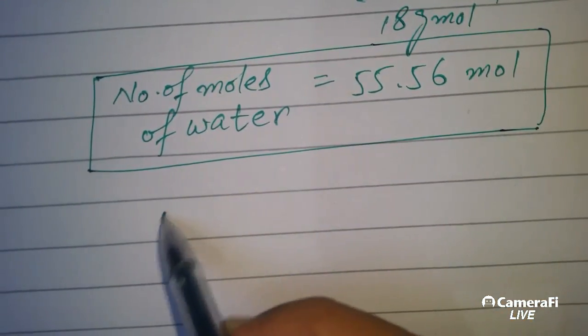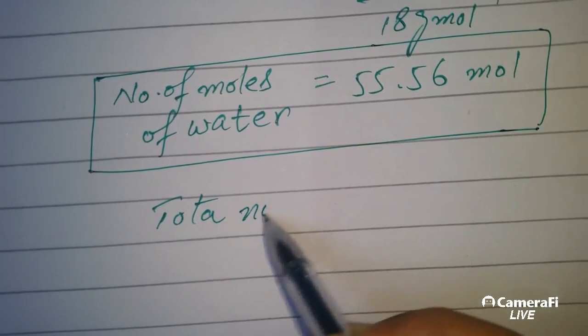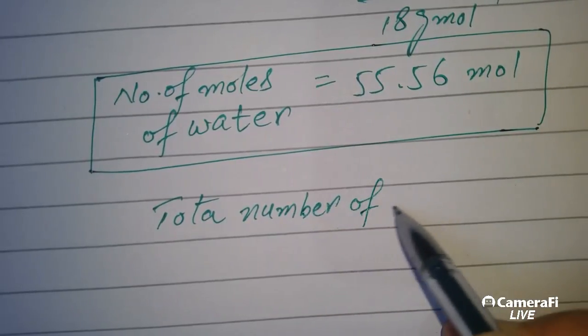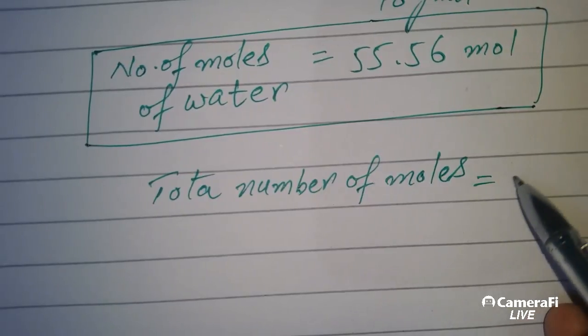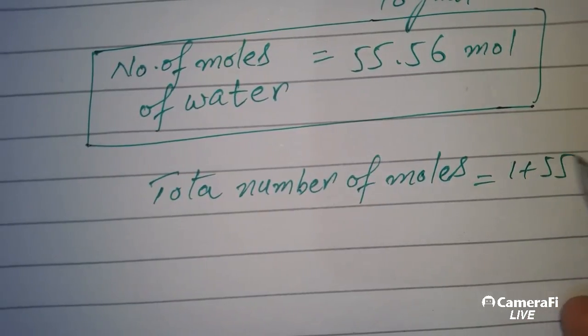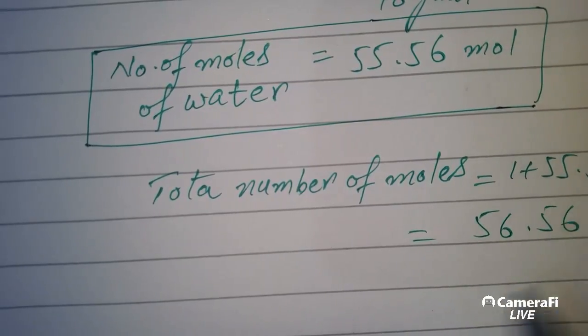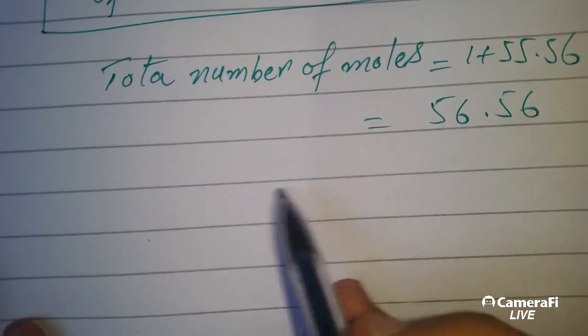So total number of moles is equal to 1 plus 55.56, which is 56.56. So these are the total number of moles that we have.